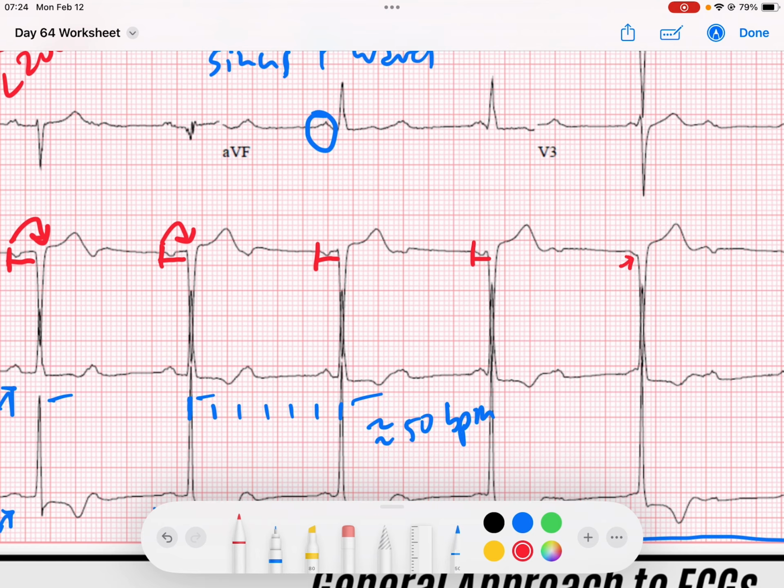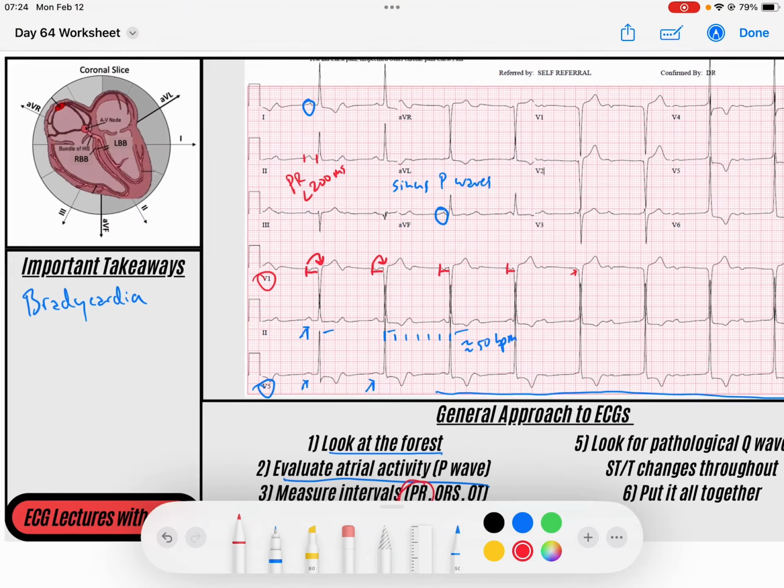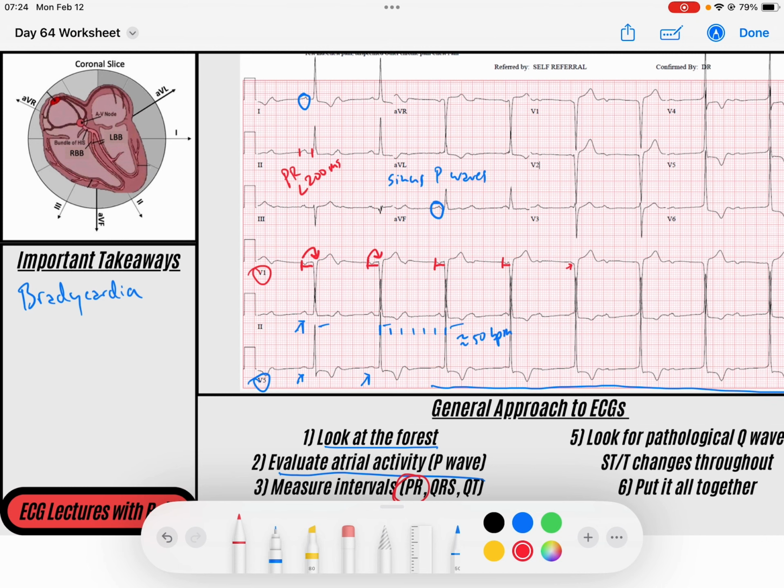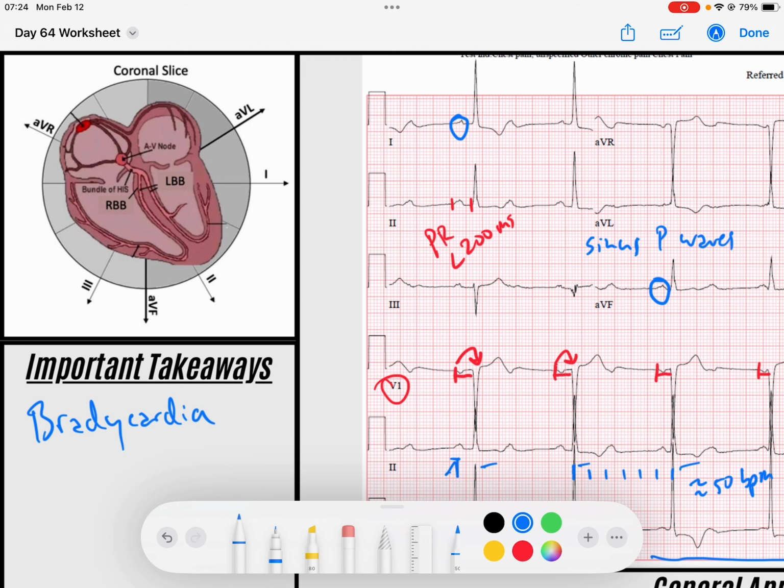until I don't really see a P wave there. And so that makes me wonder, are these P waves conducting to the QRSs? Because remember, my PR interval should remain consistent. My P waves are coming from the SA node, firing through the atria, and the AV node is capturing that signal, delaying it for up to 200 milliseconds consistently, and then sending it down.